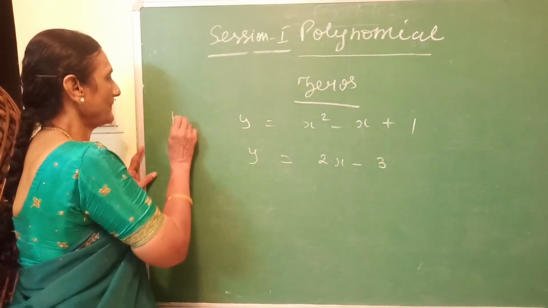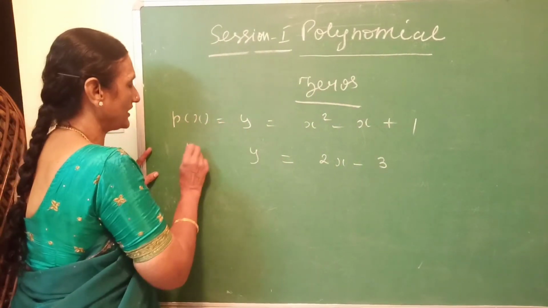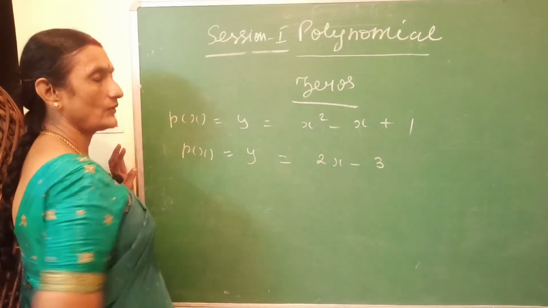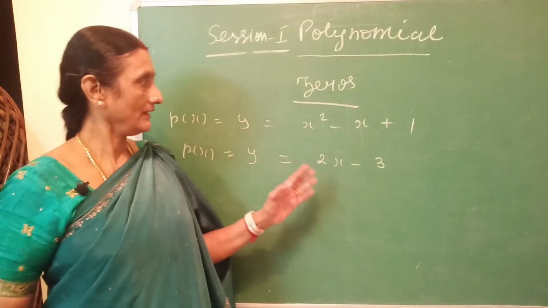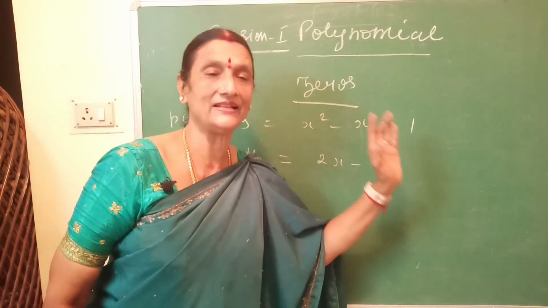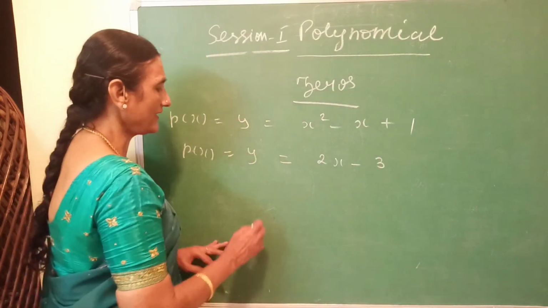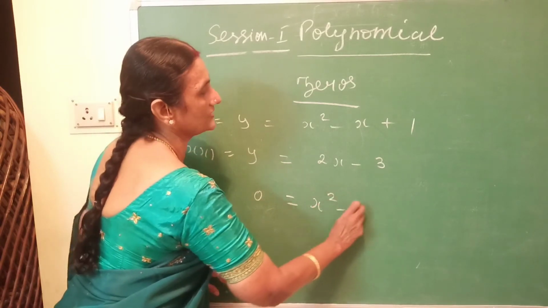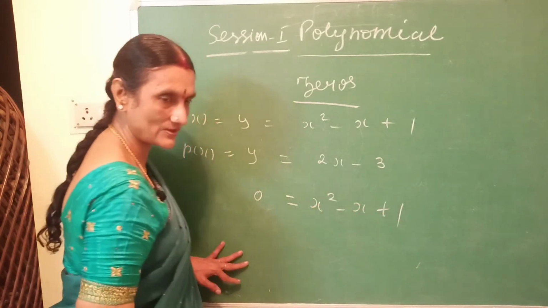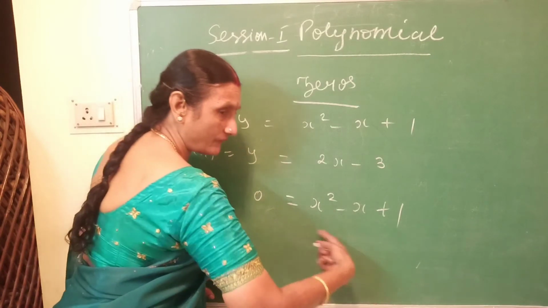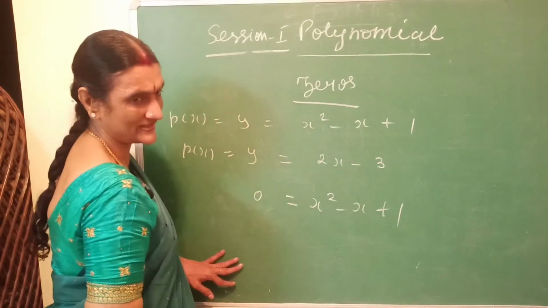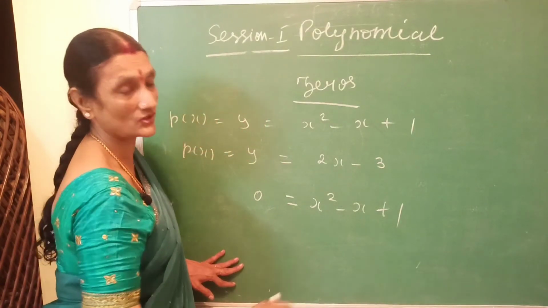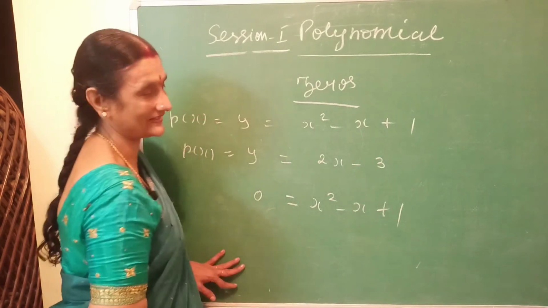When you are writing p of x is equal to y is equal to 2x minus 3, the value of the polynomial is 0 means, what do you get? The y value is 0 and that is equal to x square minus x plus 1. You may not be very familiar with this type of expressions, or you have to bring it back to your memory from your earlier class lessons.